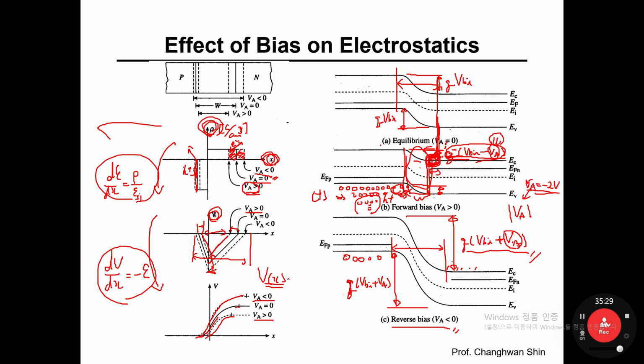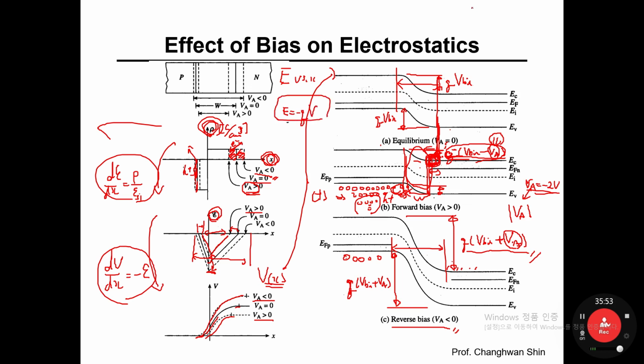Then the last job to draw the energy band diagram under forward and reverse bias is to flip over the potential plot. Why should we flip over the potential plot to obtain the energy band diagram, E versus x? Because energy is defined as minus Q times the potential.